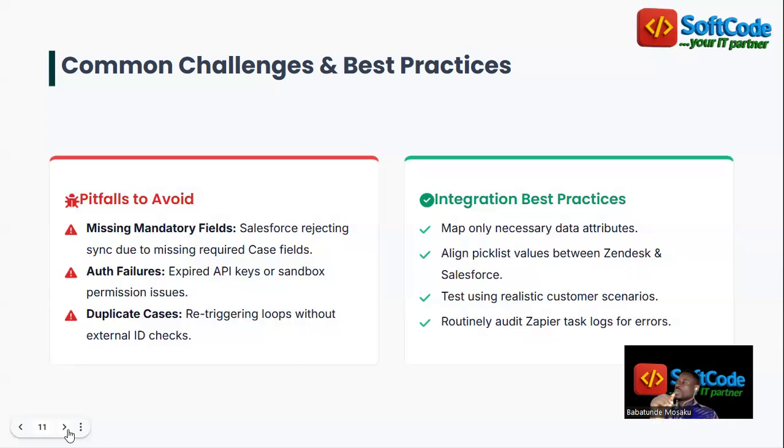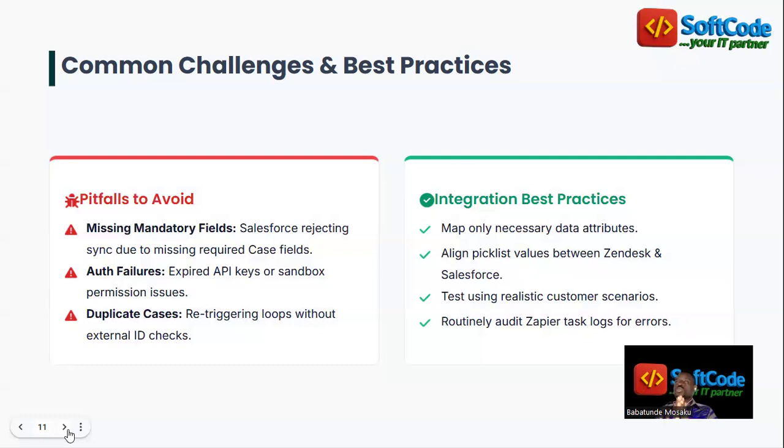And then, of course, best practices: map only necessary fields. Don't do much more than you actually need. Align pick list values. Like I said earlier, when it comes to pick lists and you're using Zapier, Zapier has some advantage in that aspect.